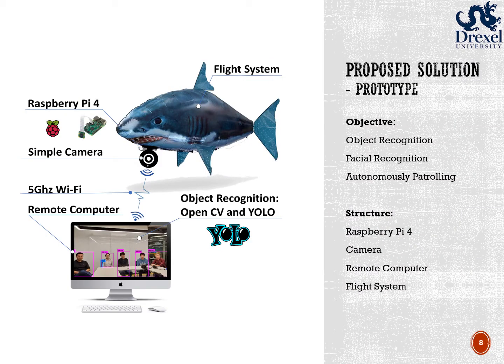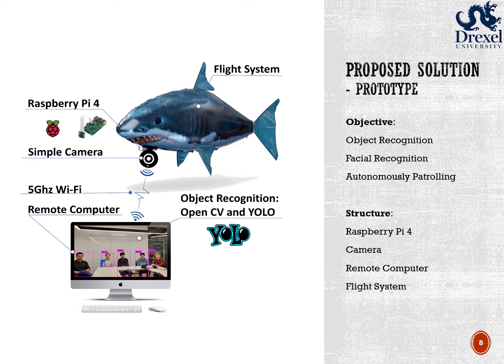This is the proposed prototype designed for the Smart Balloon Detection System. The system is designed to perform real-time object recognition and facial recognition, also with certain level of automated navigation for patrolling. It is composed of the flight system, Raspberry Pi 4 with camera, and a remote computer.